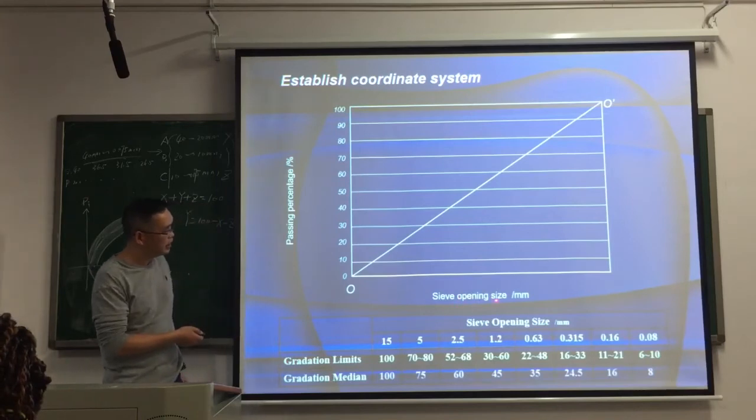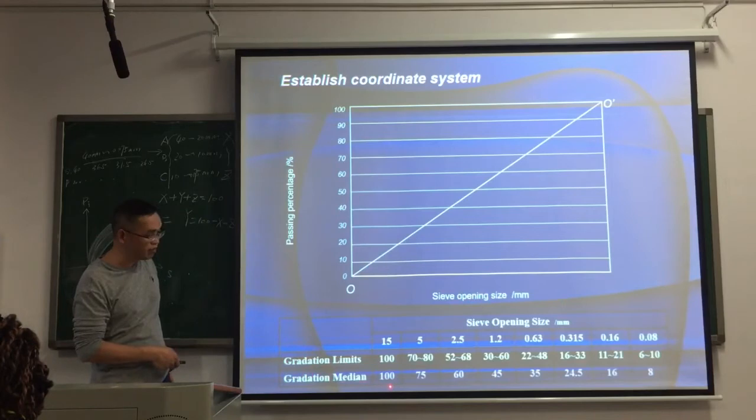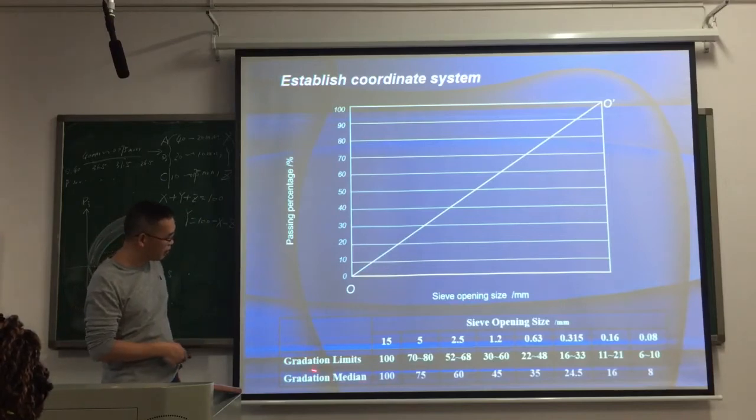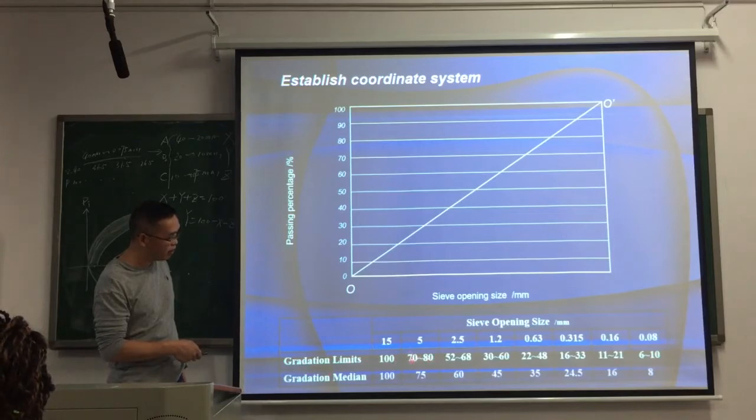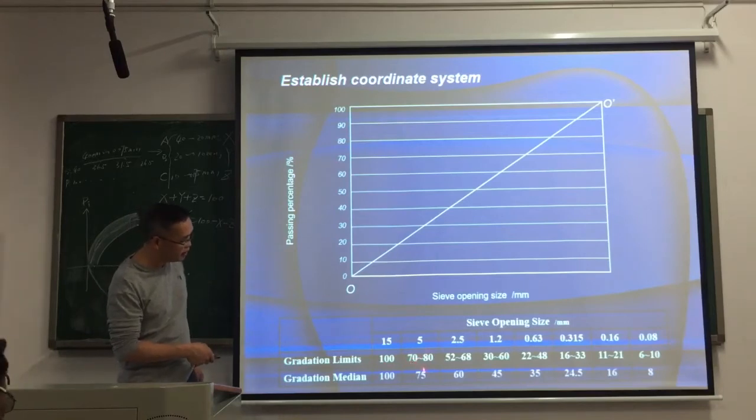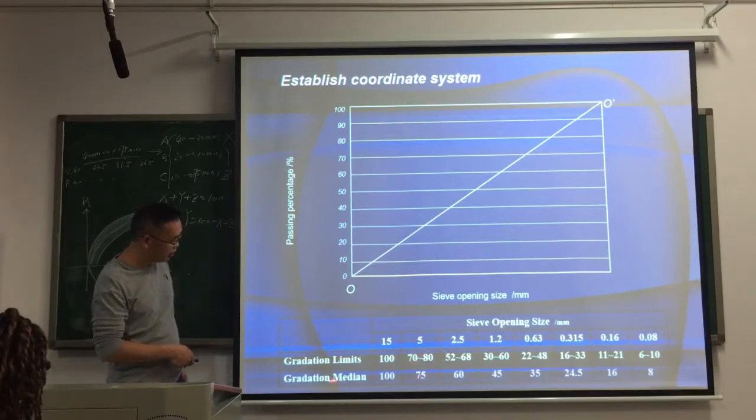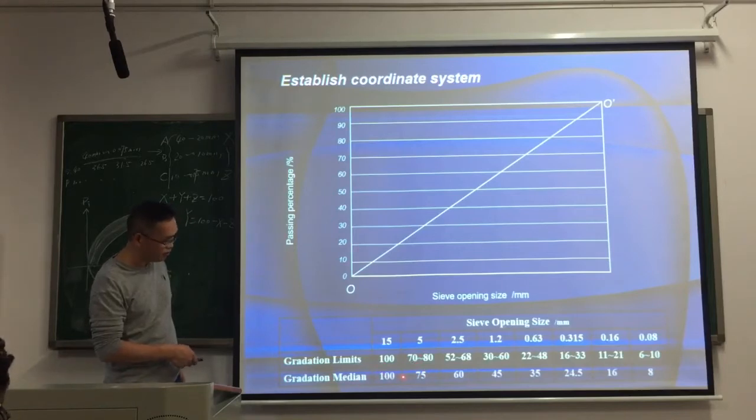For the same opening size we need to use the gradation medium. This is the gradation limits. It has an upper limit and a lower limit, and then we can calculate the medium of them.